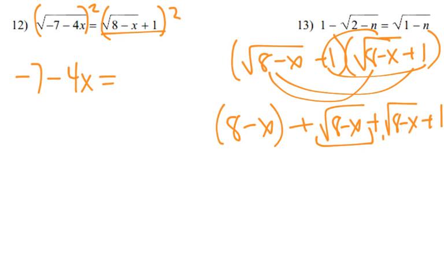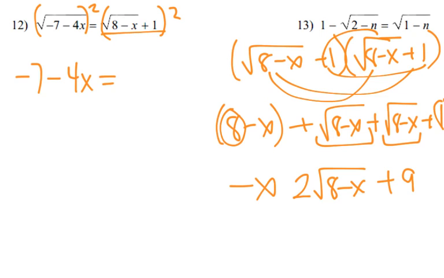Now we treat those as if they're like terms, so we get 2 square roots of 8 minus x here. This 8 and this 1 can give us plus 9. And we have this negative x out front. Okay? And that is all equal to that negative 7 minus 4x.